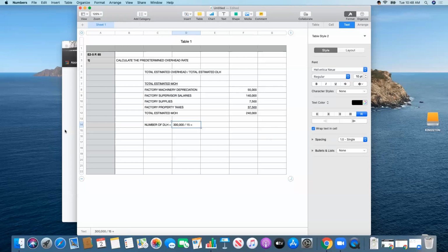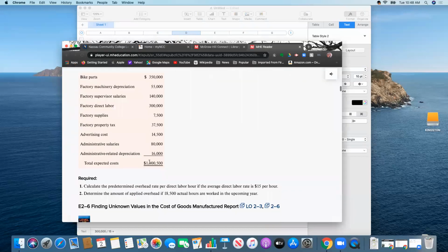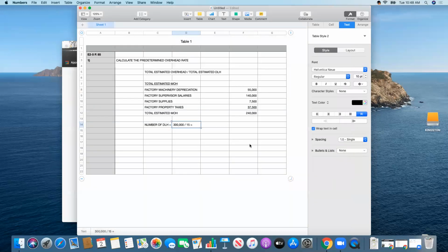Going back to the problem: calculate the predetermined overhead rate per direct labor hour if the average direct labor rate is $15 an hour. So to get the number of hours, we take the direct labor of 300,000 and divide it by 15.